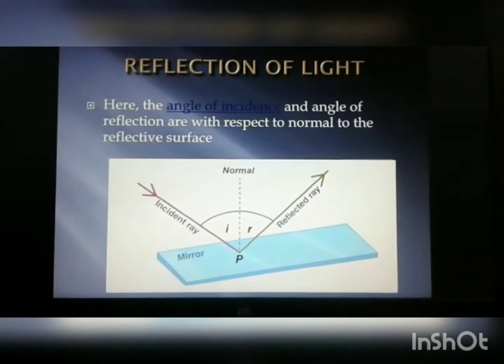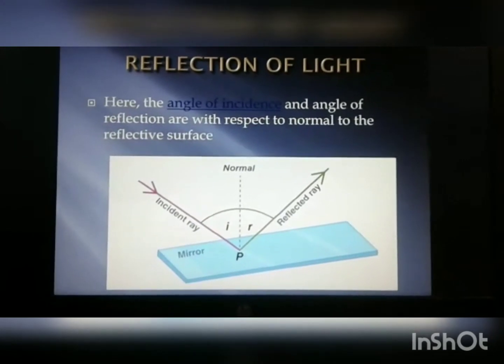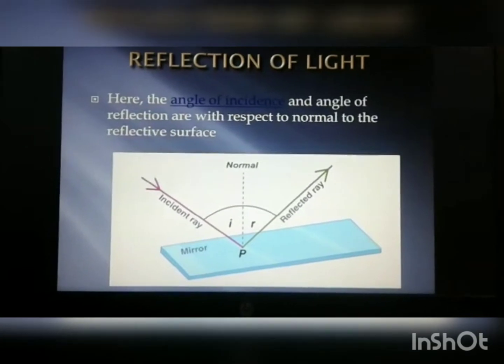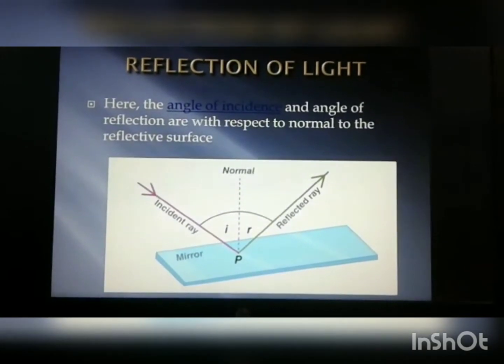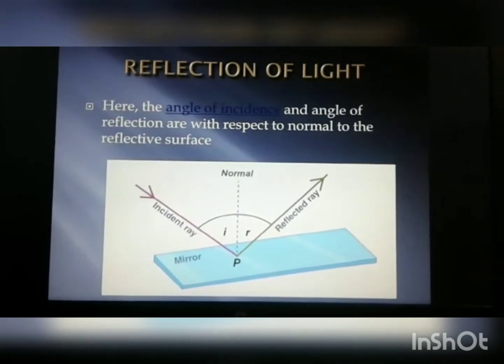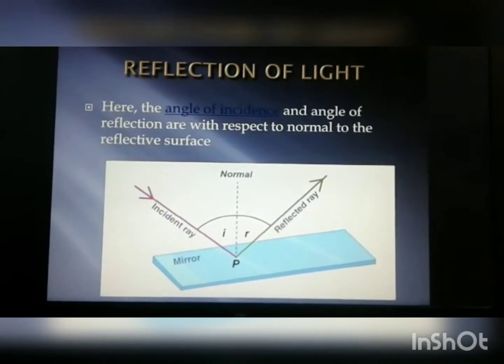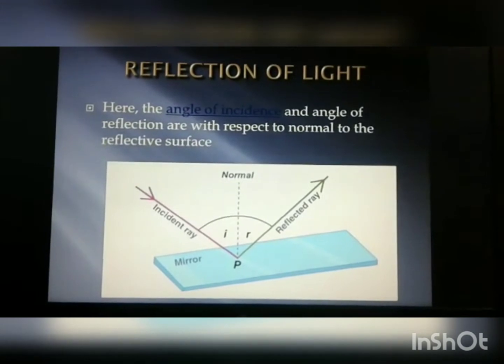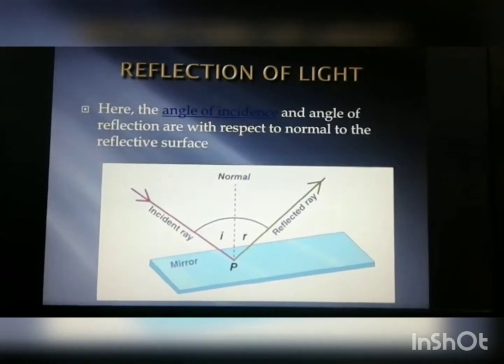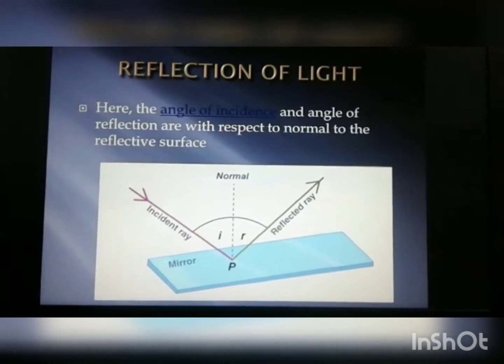Here, the angle of incidence and angle of reflection are with respect to the normal to the reflective surface. On the basis of this diagram, we are going to recall its laws. The laws of reflection: the angle of incidence is always equal to the angle of reflection.